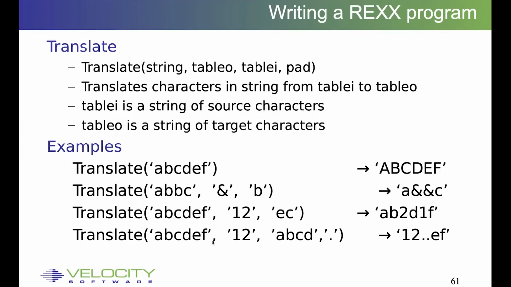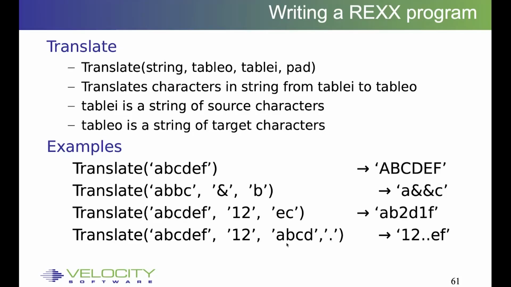In the last example, we have added a pad character. So we have an input translate table that is longer than our output translate table. What's going to happen is the excess characters, the remaining characters, will be translated to the pad character.